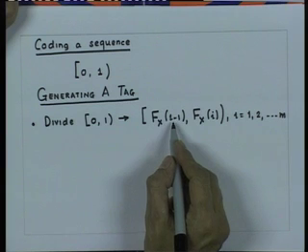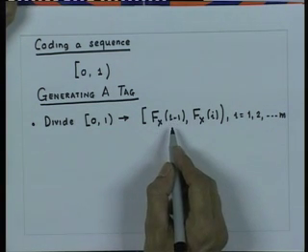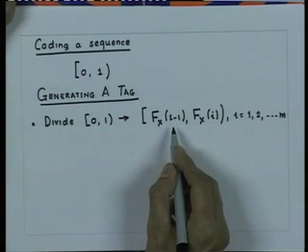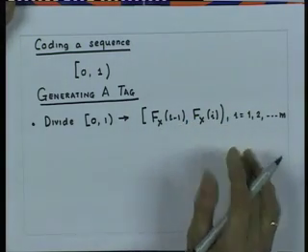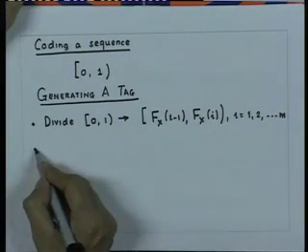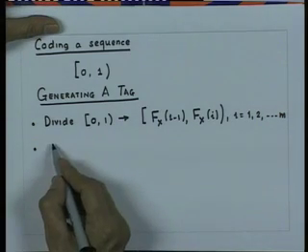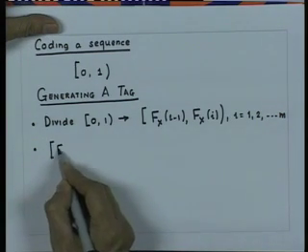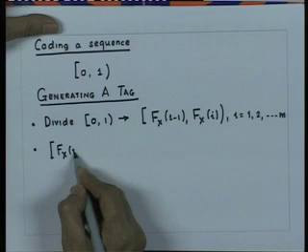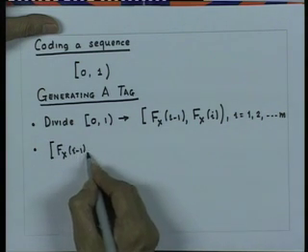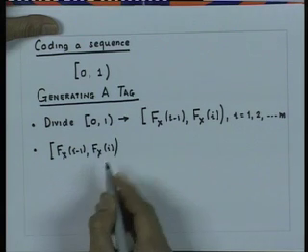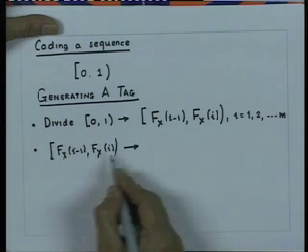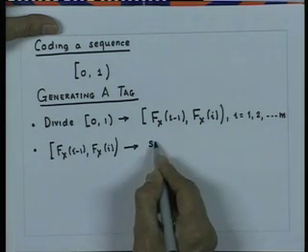Now, because the minimum value of the CDF is 0 and the maximum value is 1, this exactly partitions the unit interval. We associate the subinterval [F_X(i-1), F_X(i)) with the symbol Si.